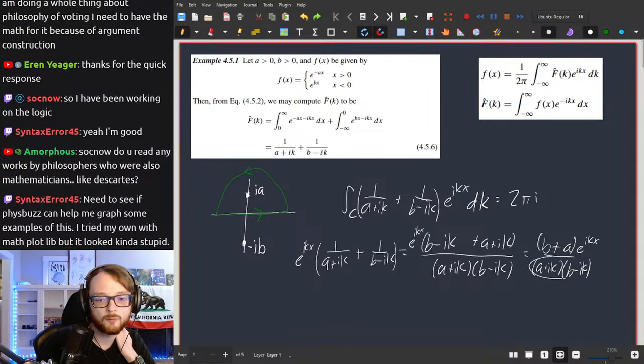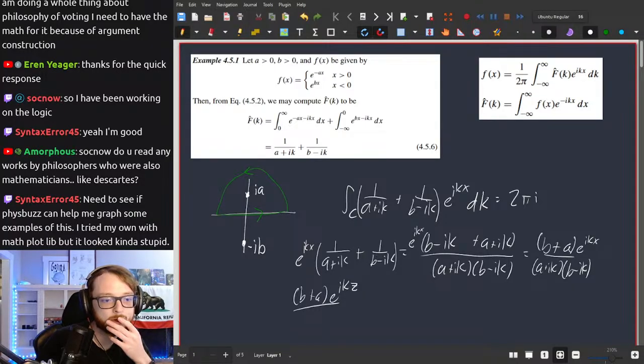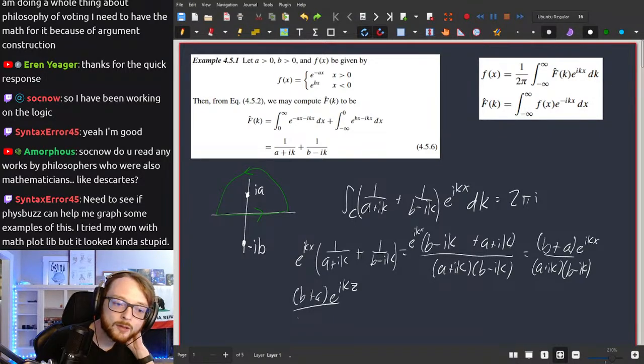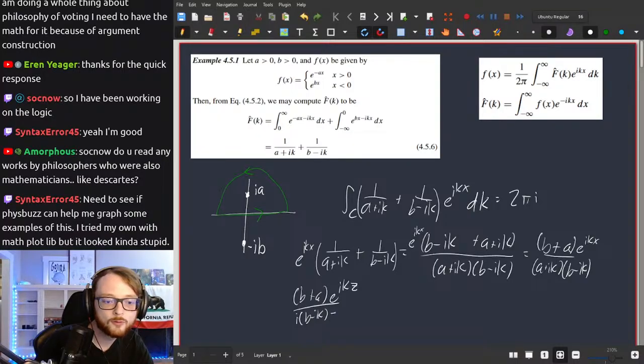We take the derivative of the denominator, and then plug in the pole. So I'm going to do a product rule with respect to k. So we get ib minus ik plus minus i a plus ik.